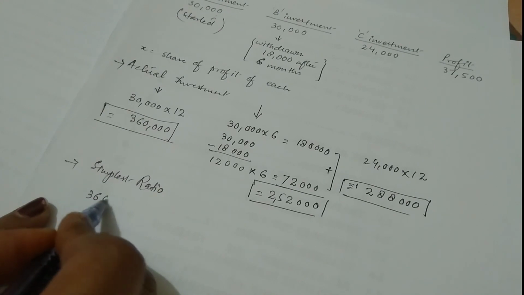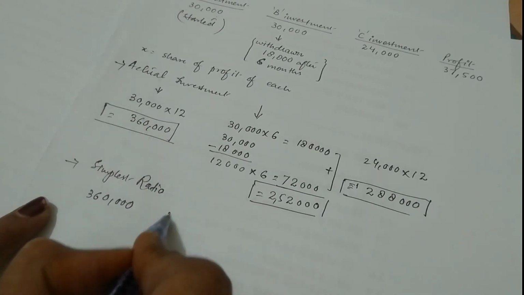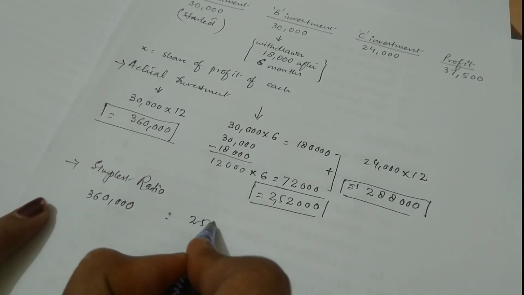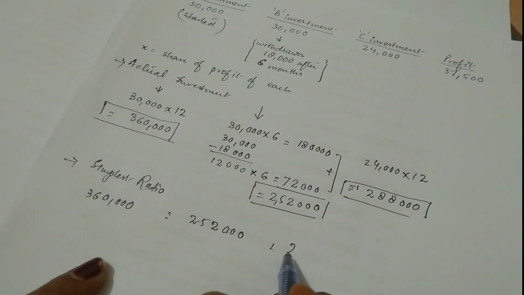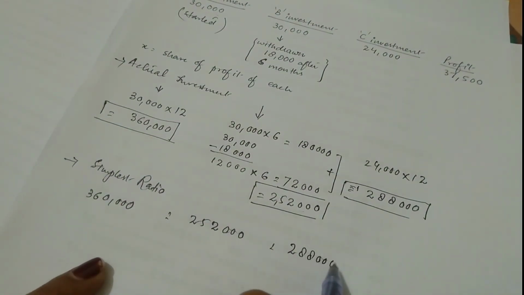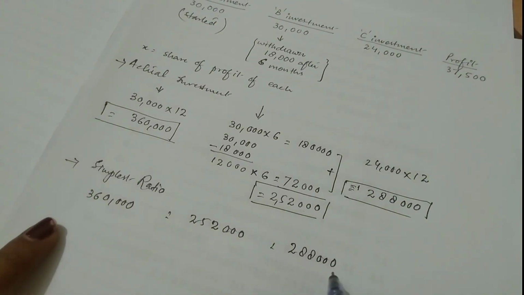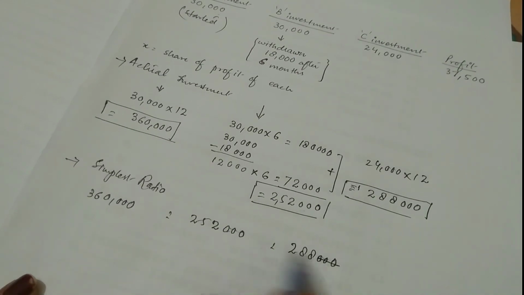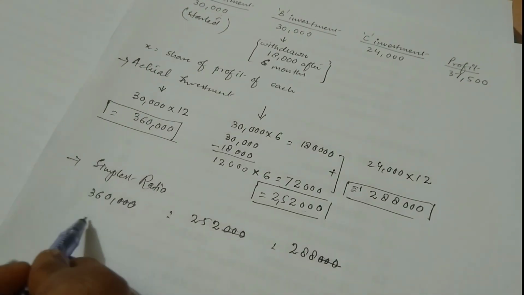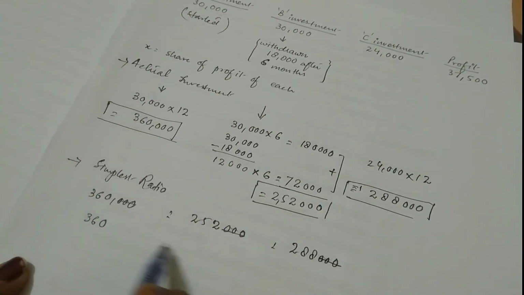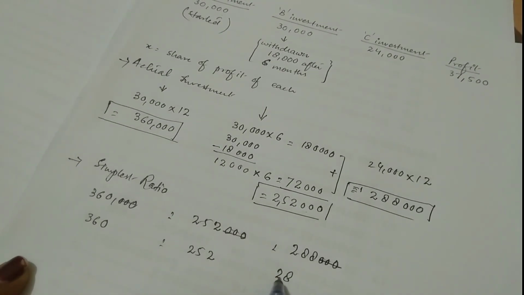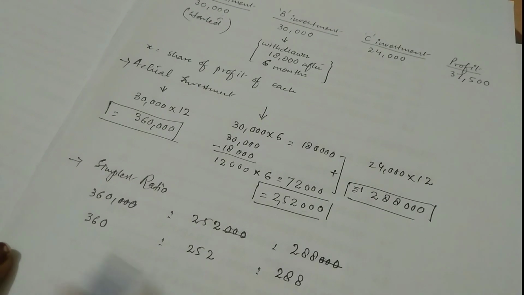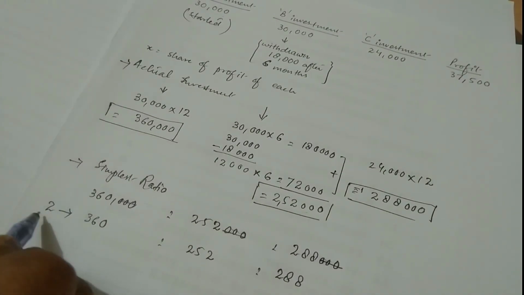Now for the simplest ratio, we'll write down the actual investment here. 3,60,000 for A, 2,52,000 for B and 2,88,000 for C. Now as usual we'll cut all of the zeros with the 10 table and we'll have the remaining as 360, 252 and 288.